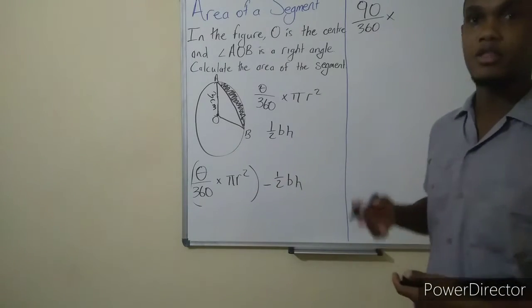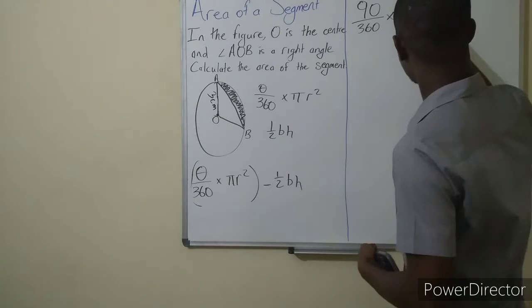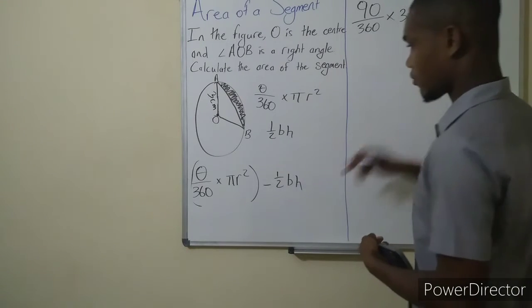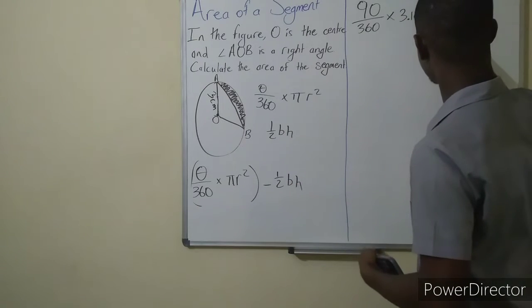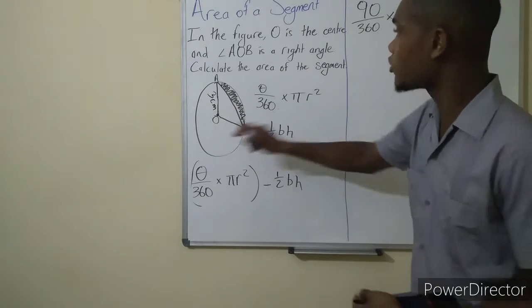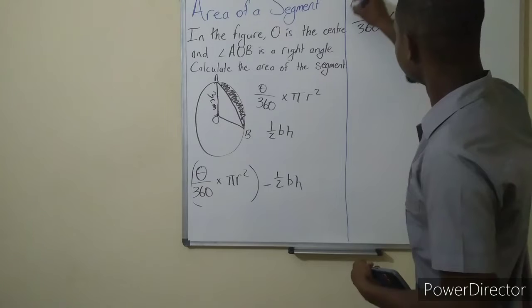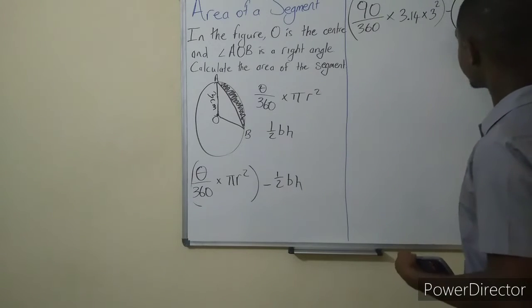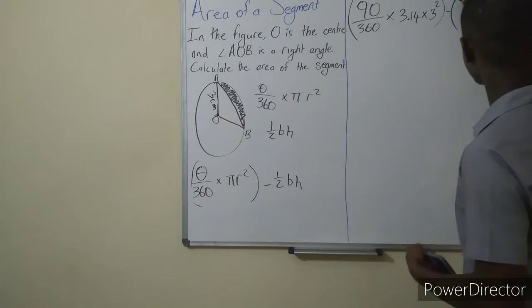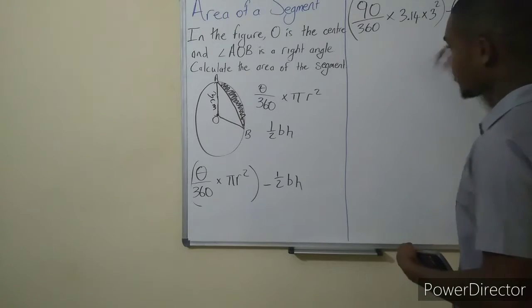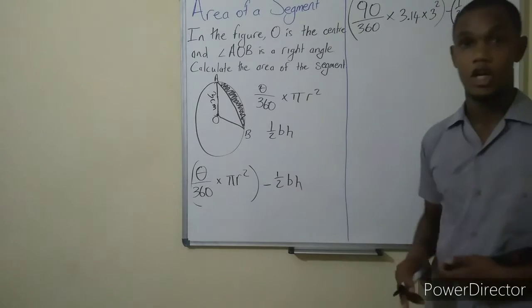We are going to use pi as 3.14. R is 3 centimeters, and that should be squared, minus half times, now B and H.